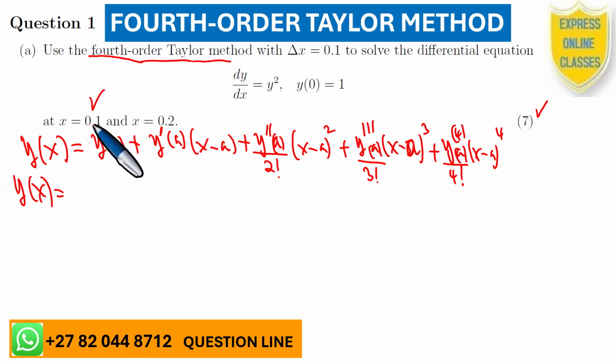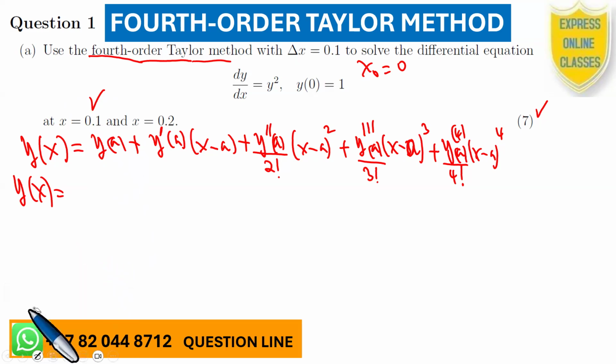We're going to do this at 0.1, because we have 0.1 and 0.2, so we're obviously going to do this at 0.1. But noting that we're starting at this, our x0 is 0. Then we will add 1 step to this, so we're going to proceed as follows. A couple of things we need to take into account: we want to evaluate these at 0.1.